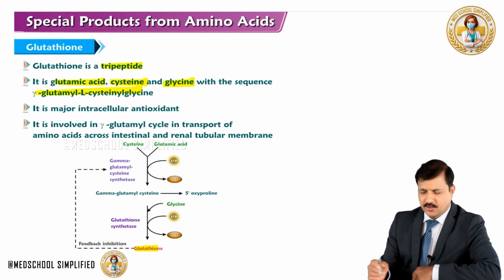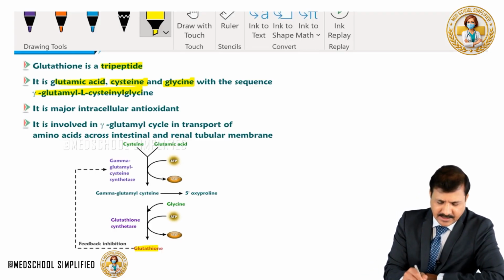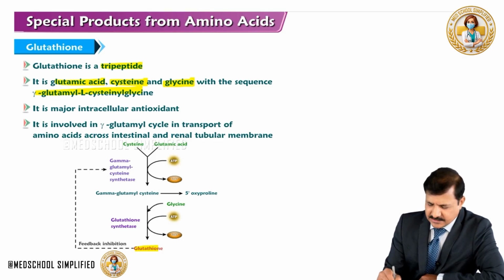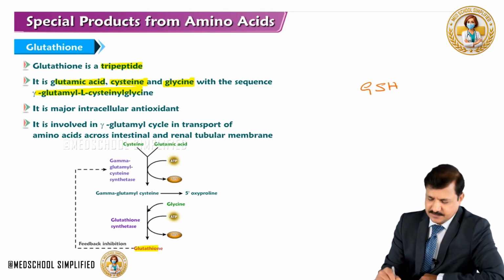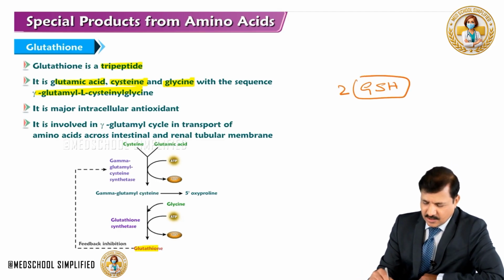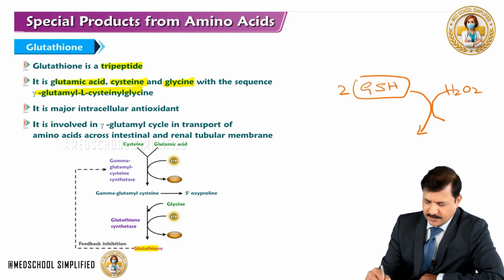Now glutathione is written as GSH, and 2 molecules of GSH are used in the conversion of hydrogen peroxide into 2 water molecules.